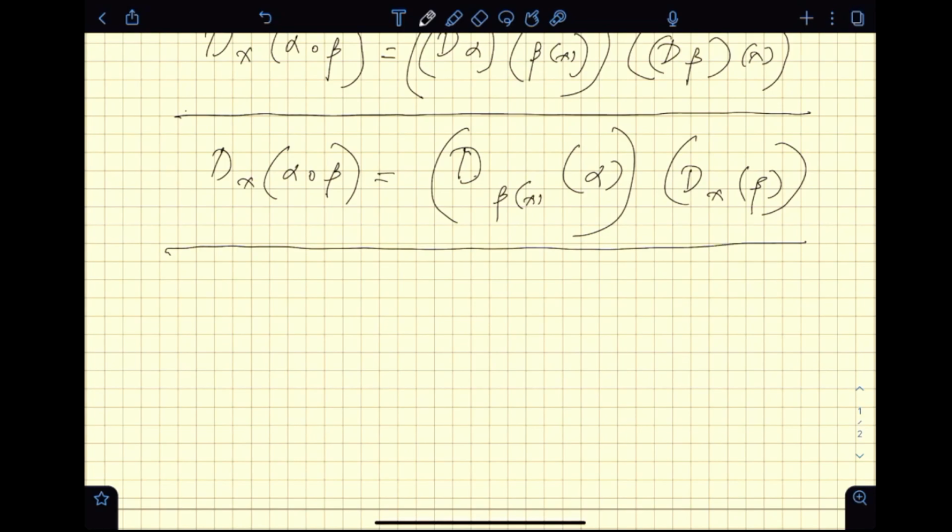And then in 1B, you have to compute beta of A, and you have to compute the two derivatives, multiply them, and see that the answers agree. This is basically what I did during the very boring lecture. That's what you will have to do.